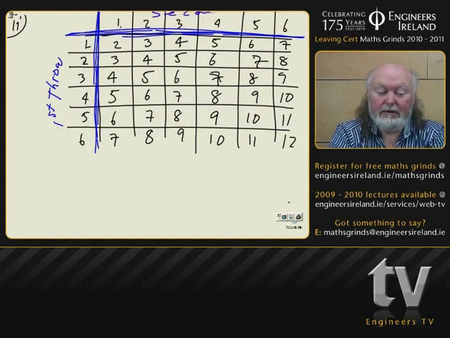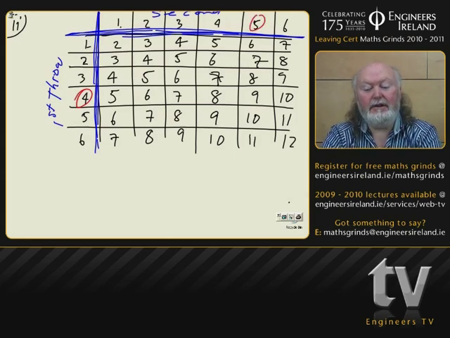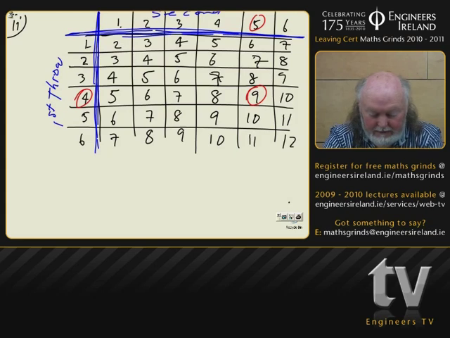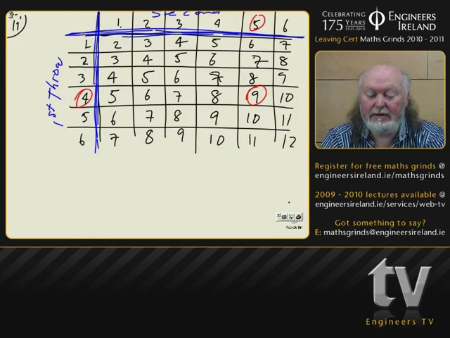So if in the first throw we got a 4 and in the second throw got a 5, we're saying that the total is 9. And the question we've been asked, what's the probability that a total of at least 8 is obtained? Well, this is going to be easy.